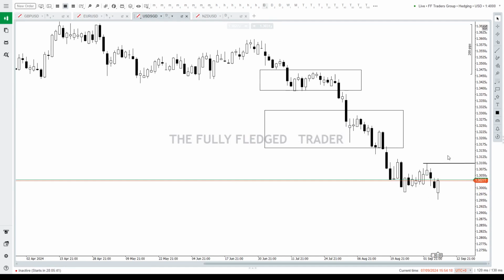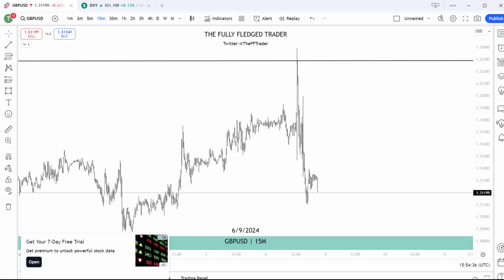So it's a little bit rough there. So I'm gonna switch to the DXY and maybe I might have at least good price action there. So let's switch to the DXY.